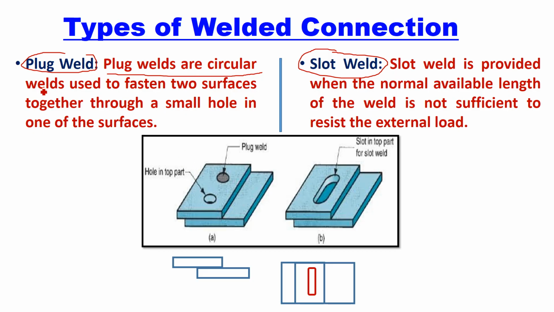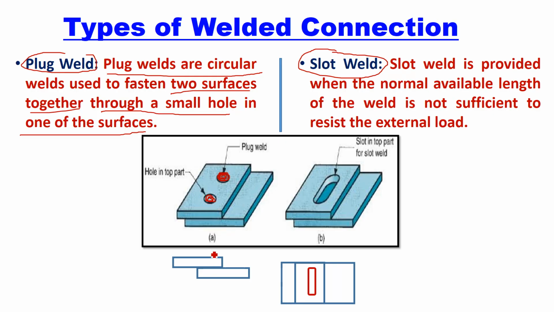Plug welds are circular welds used to fasten two surfaces together through a small hole in one of the surfaces. So one plate is kept on another, overlapping the second plate. In a plug weld, on the top plate one circular hole is made, which completely penetrates the first plate and partially the second plate.